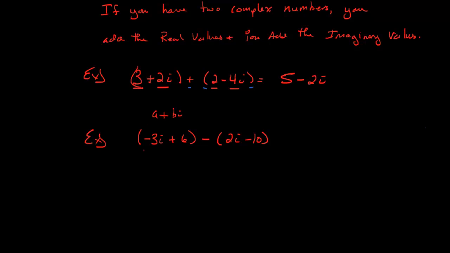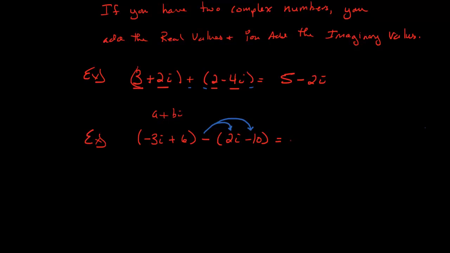It doesn't matter if the imaginary portion comes first or the real portion. We can still combine similar terms. But be very careful, because this negative must be distributed to both the imaginary portion and the real portion, because this is a distributive property that we cannot just ignore.